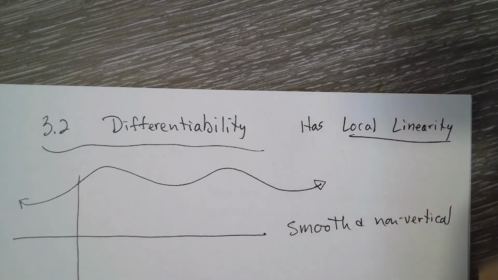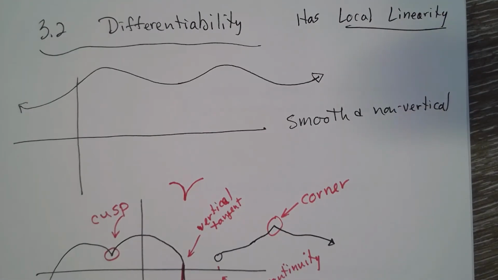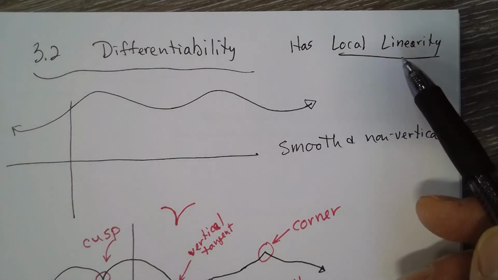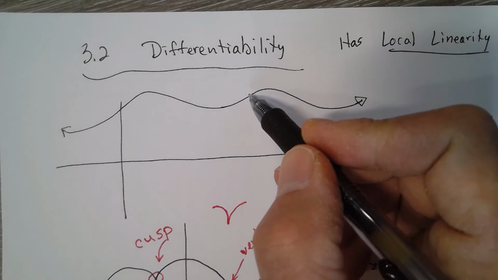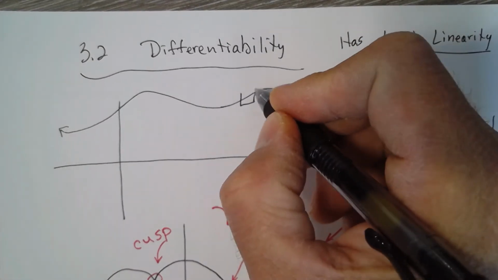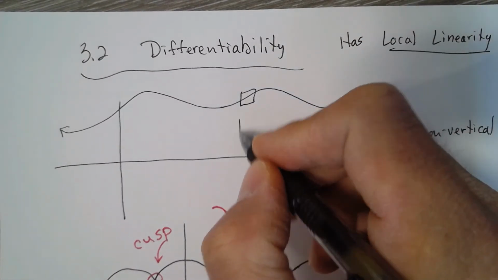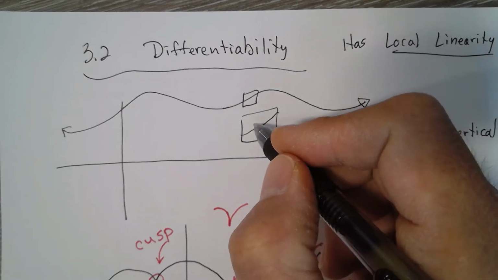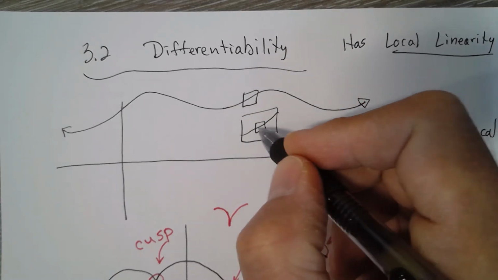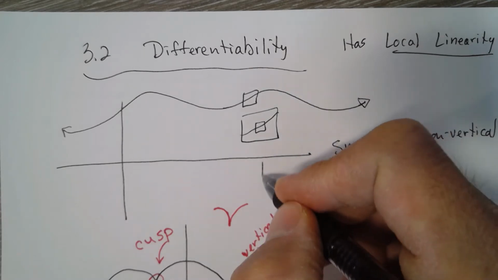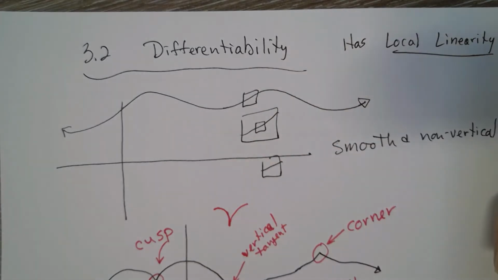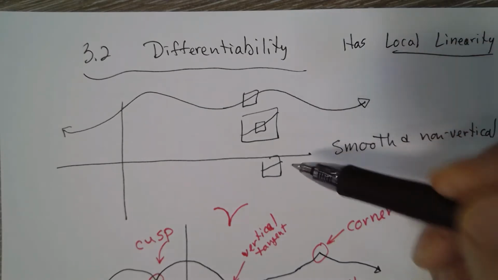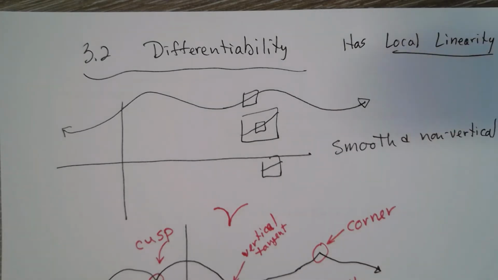Okay, so what that means is if you zoom in enough, it's going to become a line. So if you look at this curve, it's smooth. If I looked right at that and enlarged it, still kind of curving, enlarge it again, eventually inside that box is just going to be like a straight line. Okay, because it has local linearity.